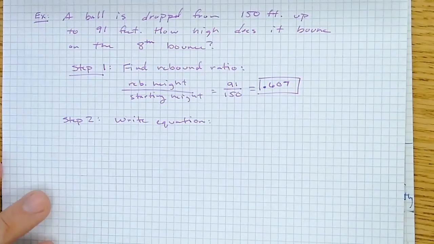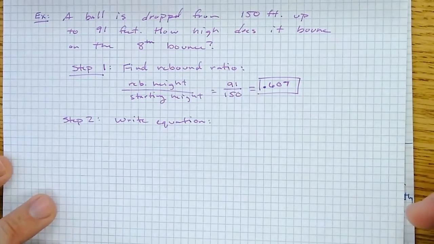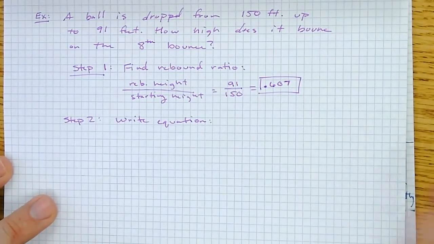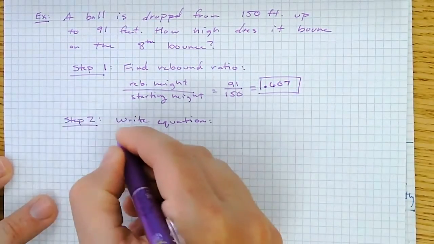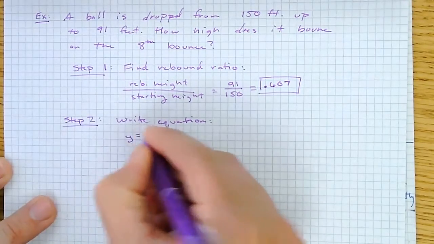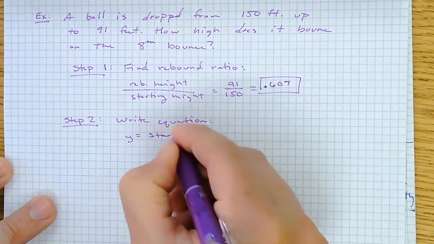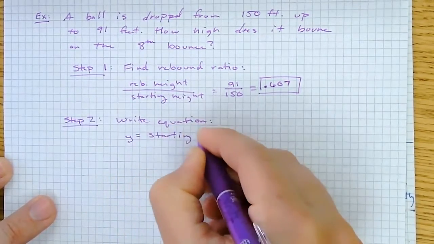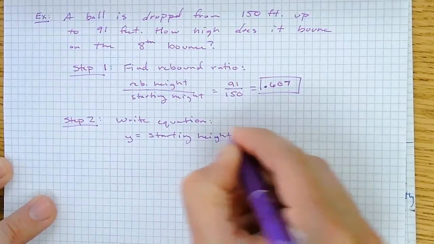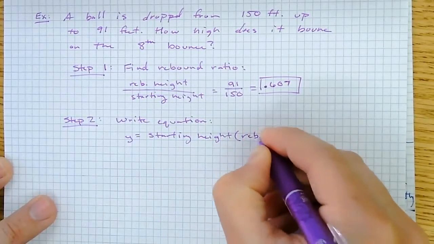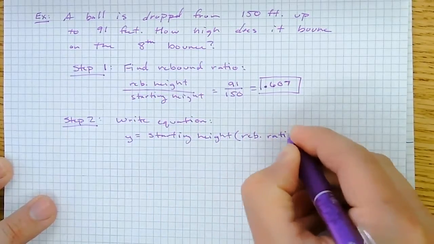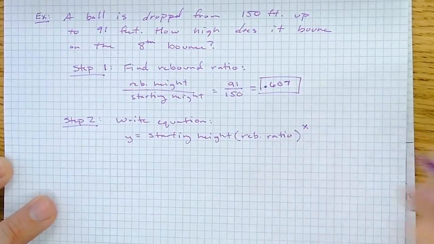Step 2, we're going to want to write an equation. So we're using, again, y equals our starting height multiplied by our rebound ratio raised to the x.